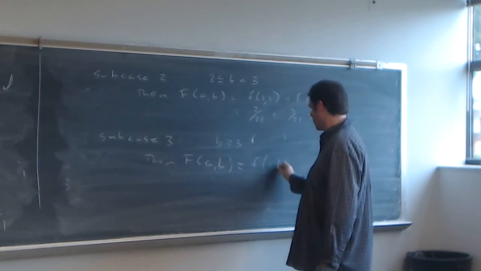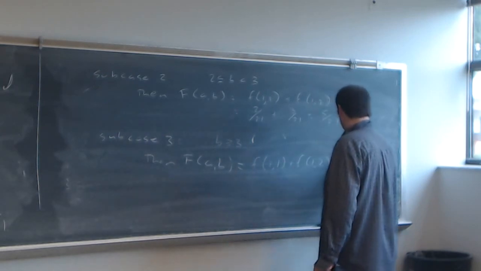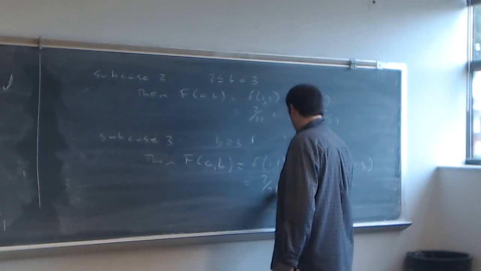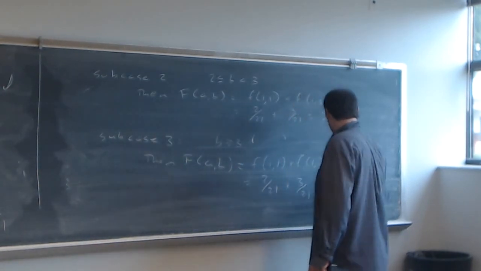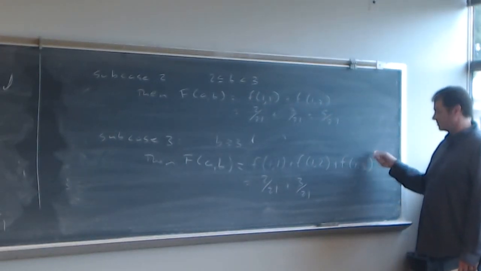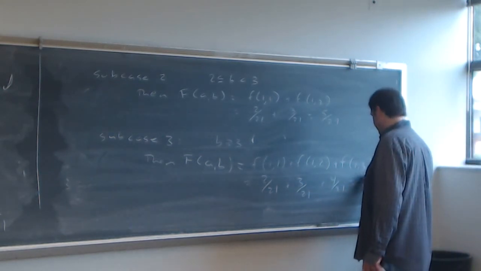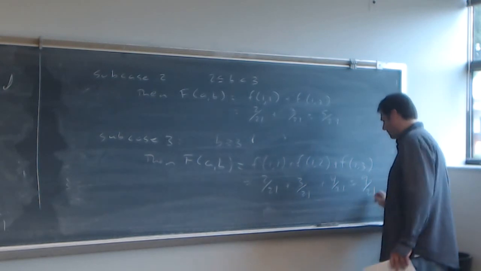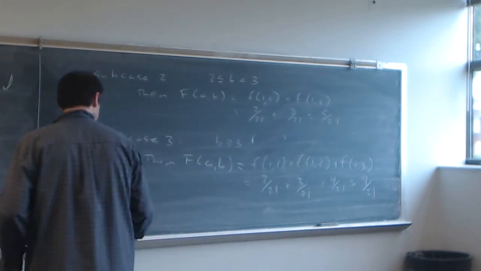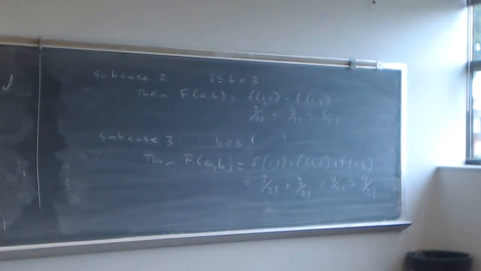So that's f of 1, 1, the joint PDF, plus f of 1, 2, plus f of 1, 3. And so that ends up being 2 over 21 plus 3 over 21. Remember, little f of x comma y is defined to be x plus y, so 1 plus 3 is 4, all over 21, so that's 4 over 21. And so we end up getting 9 out of 21. So those are the only subcases we have for when a is sampled between 1 and 2.